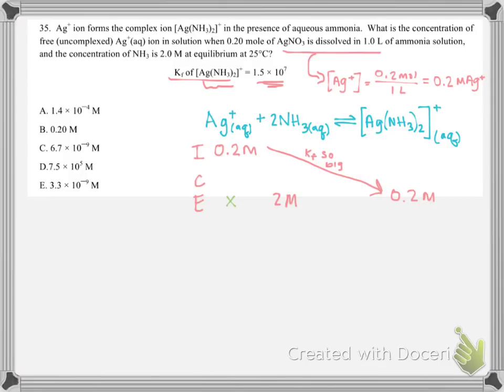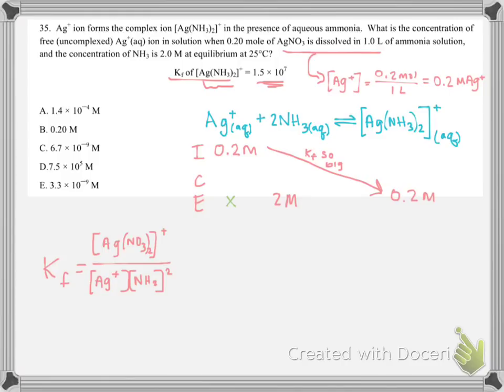So we can just go ahead and plug that into our KF expression like we would for a traditional ice table. So our KF expression is going to be the concentration of our complex divided by our concentration of silver ions times the concentration of the ammonia squared.